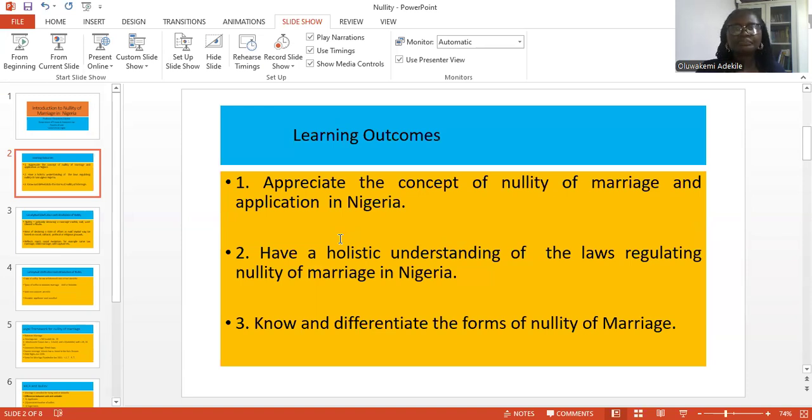We will also look at the laws that regulate nullity of marriage in Nigeria, just a framework of the laws, because when we get to the substance of the topic, we'll still need to use these laws in analyzing our concepts. Then at the end, you will know the different forms of nullity proceedings in Nigeria, particularly as it relates to the statutory marriage.